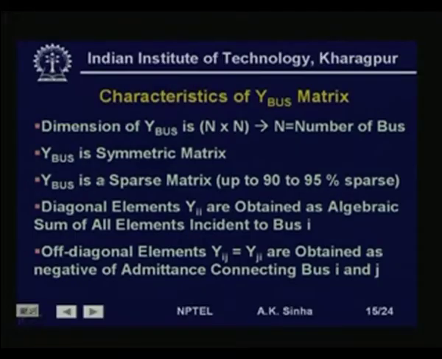So, Y bus is a sparse matrix. Diagonal elements Yii are obtained as the algebraic sum of all elements incident to bus i. That is, we had seen that Y11 is nothing but the algebraic sum of all the admittances connected to that bus.